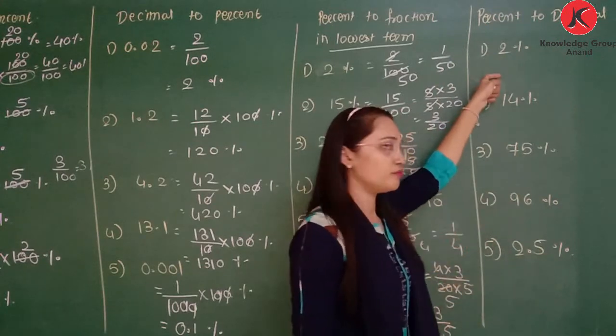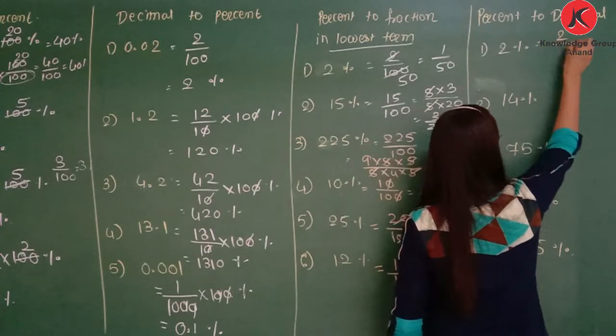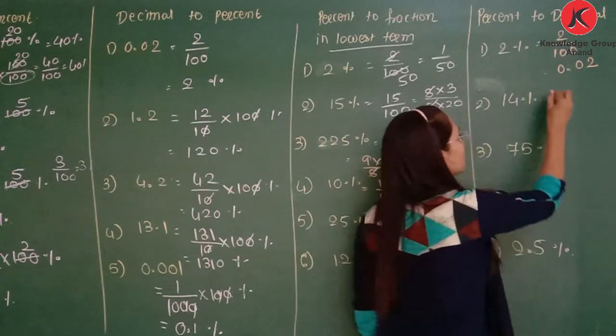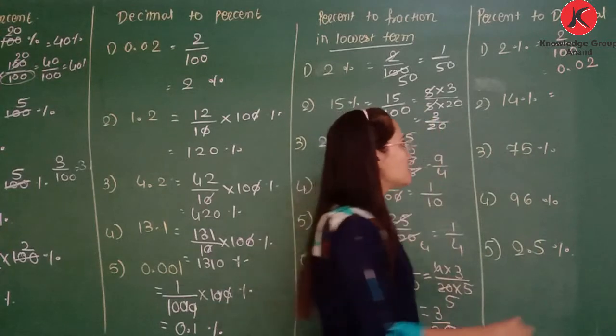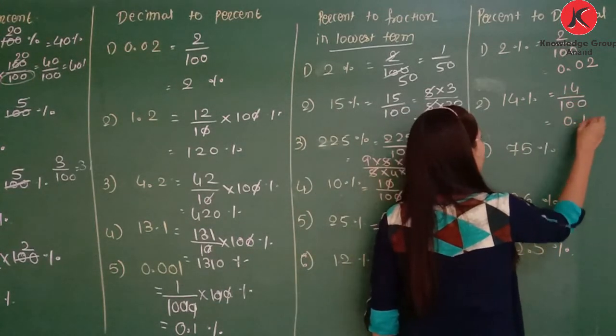Now next, percent to decimal. Here the percentage is given and we need to write the decimal. 2% means 2 by 100, so it is 0.02. 40% means 40 by 100, so it is 0.40.